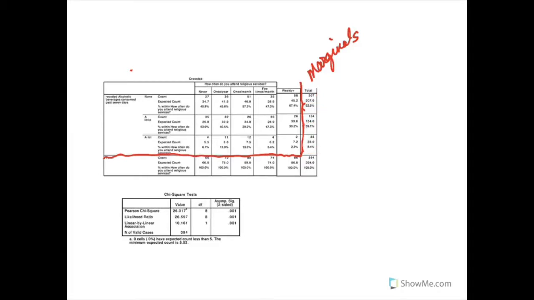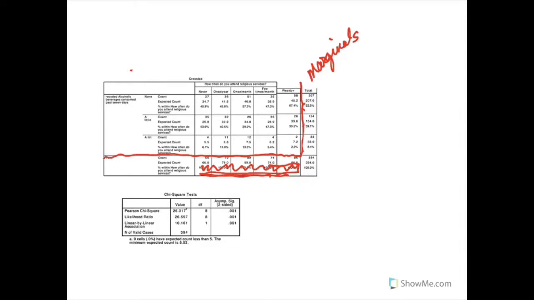The other marginals for our independent variable are the column marginals, and they're down here. And here you can only interpret the top number because of the way that we asked for information. Or I should say I asked for it. You didn't do the analysis. It gives us the count for each one.